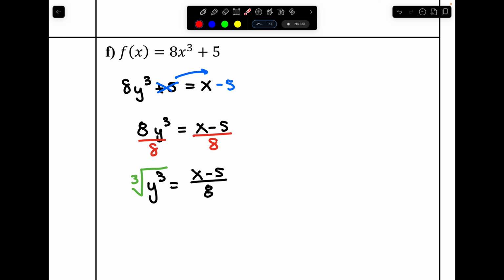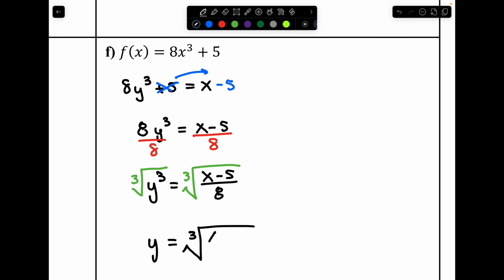So the third root. And what I do to one side, I obviously have to do to the other side as well. So I also have to take the third root of this side there. So we're going to end up with y equals the third root of x minus 5 divided by 8. And there is your inverse.